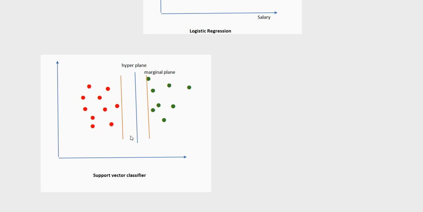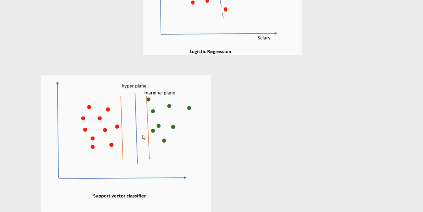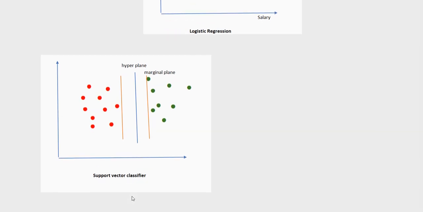It will try to draw them so that the distance of the marginal plane from the hyperplane is always equal. That is one criterion you need to remember in this algorithm. Next, it will try to maximize the distance between these two marginal planes, so we get the best fit line. I will show that here, and now the algorithm will check quickly.